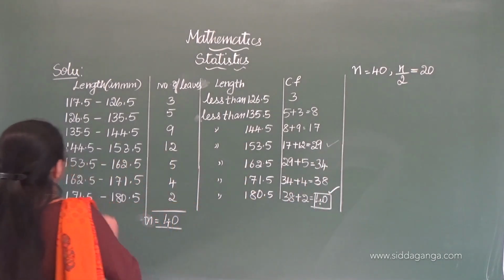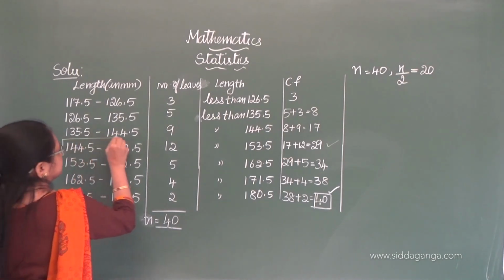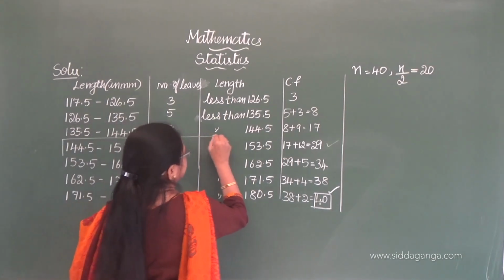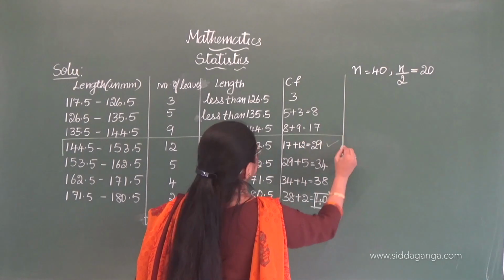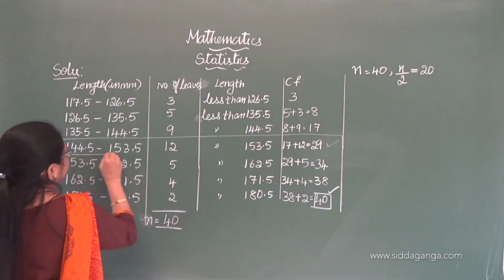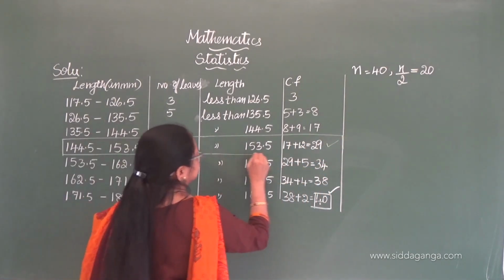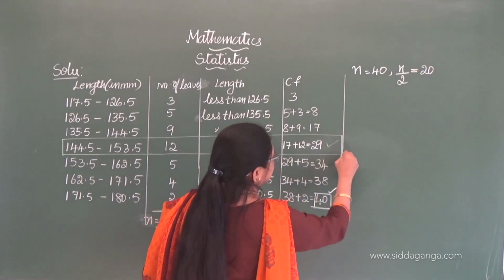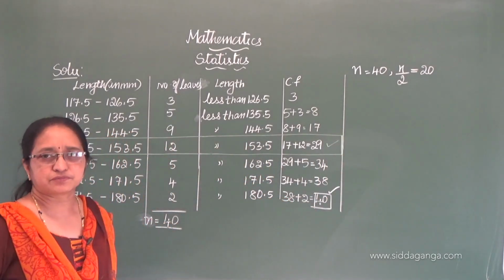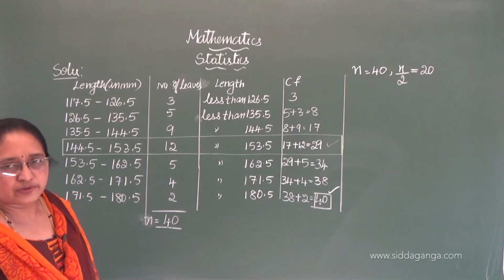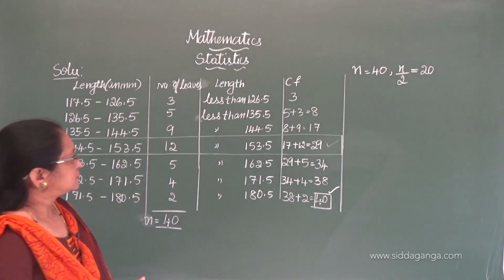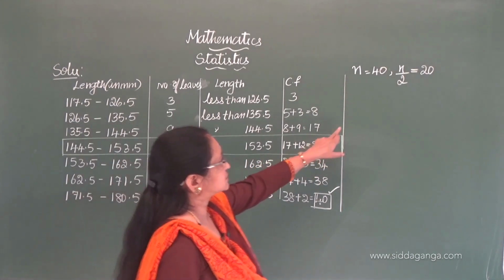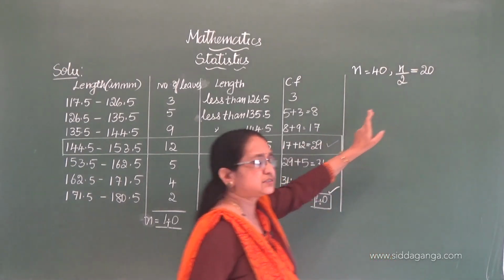So, just see here, median class, and we can find out cumulative frequency and frequency. So, 29, just little greater than 20, it is 29.